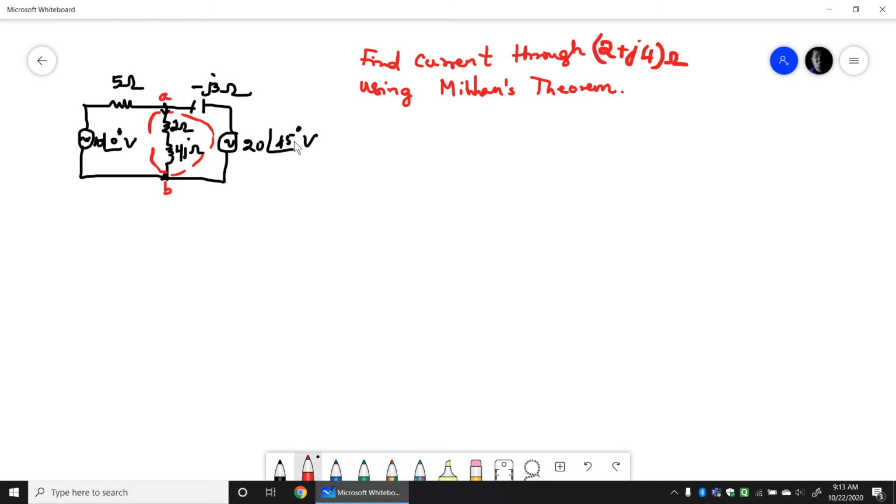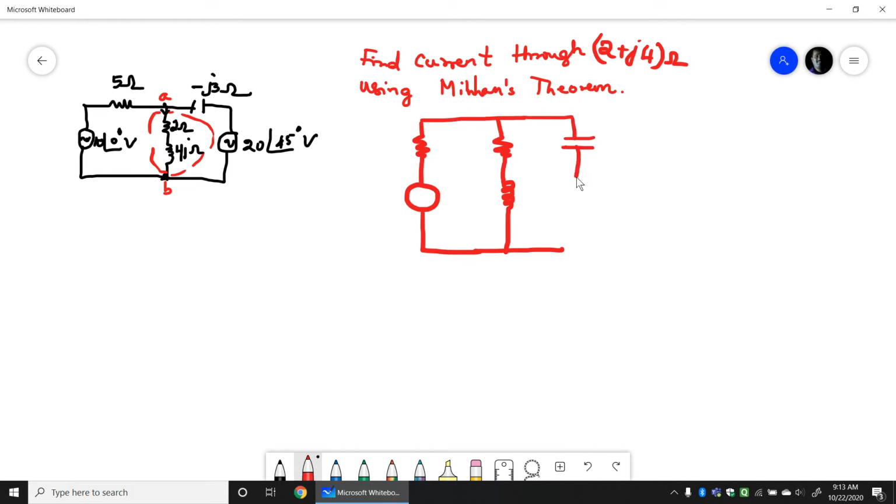Now this same circuit I will be writing in a different way. I have a voltage source, then 2 ohms, then the impedance, then there is a capacitor in parallel with the voltage source. So this is 10 at an angle 0 degree, with the arrow written in this way. Similarly here also the arrow is written.